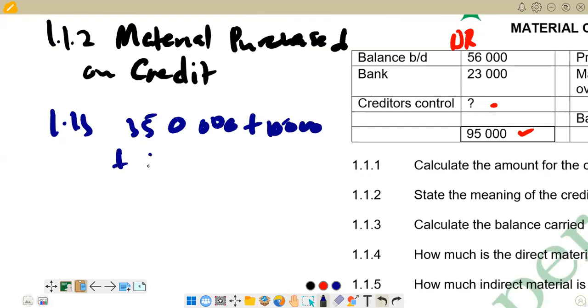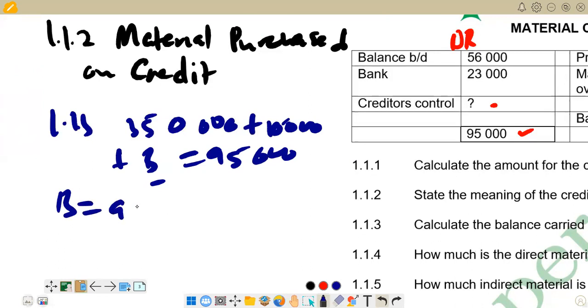And then we add the figure for the balance that we are looking for. We are supposed to get 95,000. Then make our balance the subject of the formula. It becomes balance is equal to 95,000. Take 35,000 to the other side, and it becomes minus 35,000. Take 10,000 to the other side again, it becomes minus 10,000.